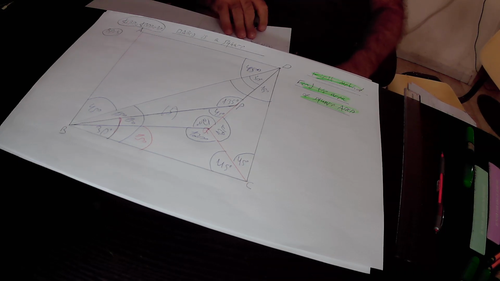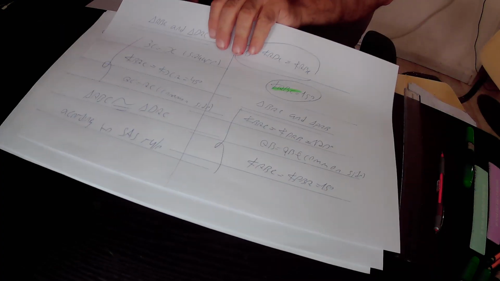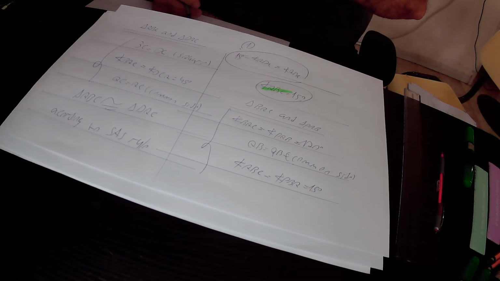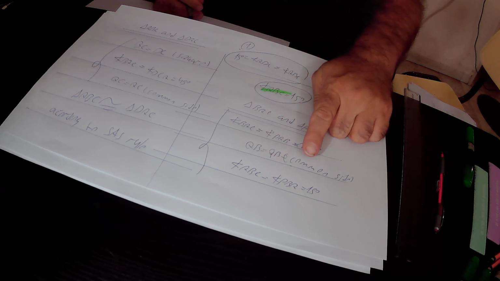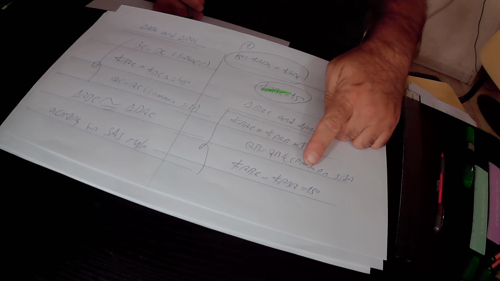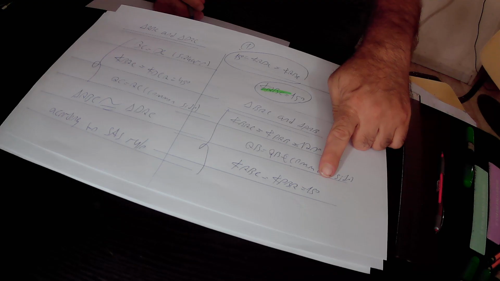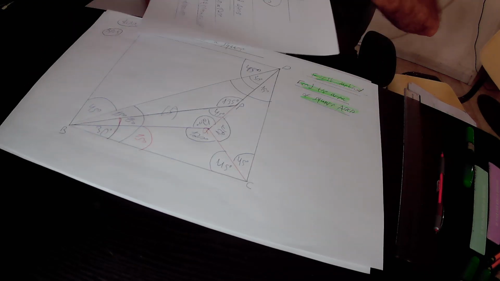Again, we find out that angle QBC in triangle BQC equals angle PBQ in triangle QPB. They are both equal to 15 degrees and therefore they are equal to each other.